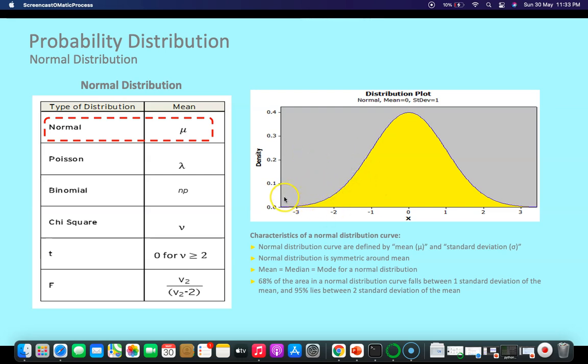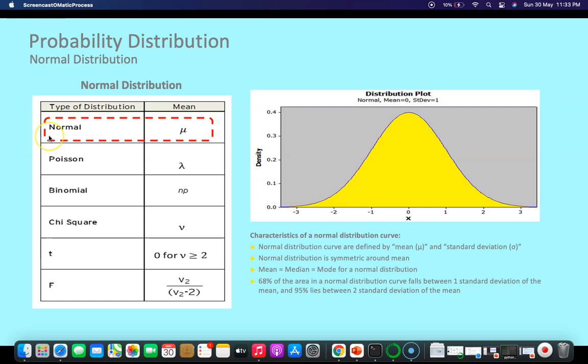Most of the area of a normally distributed curve falls within 1 standard deviation of the mean, and 95% lies within 2 standard deviations of the mean. So this is what is called a normal distribution in data.